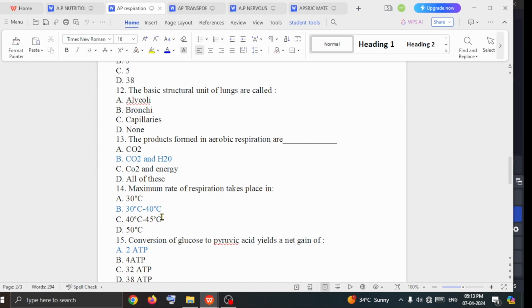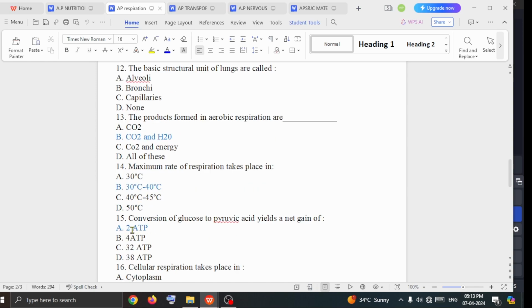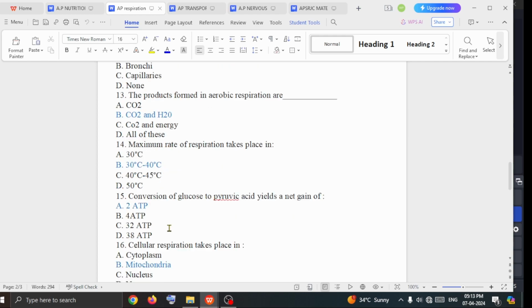The answer is 30 to 40 degrees Celsius. 15th question is, conversion of glucose to pyruvic acid yields a net gain of how many ATPs? Option A is 2 ATPs, option B is 4 ATPs, option C is 32 ATPs, option D is 38 ATPs. The answer is 2 ATPs.